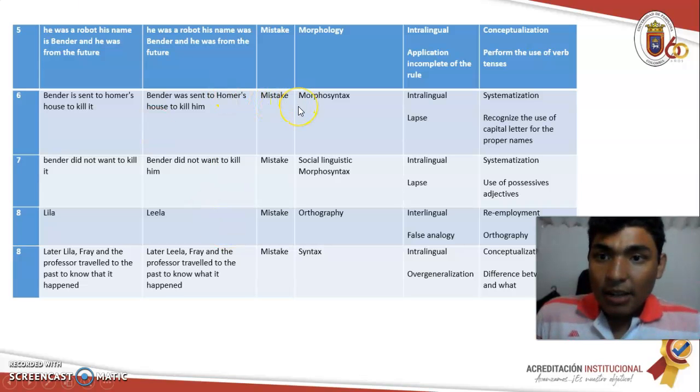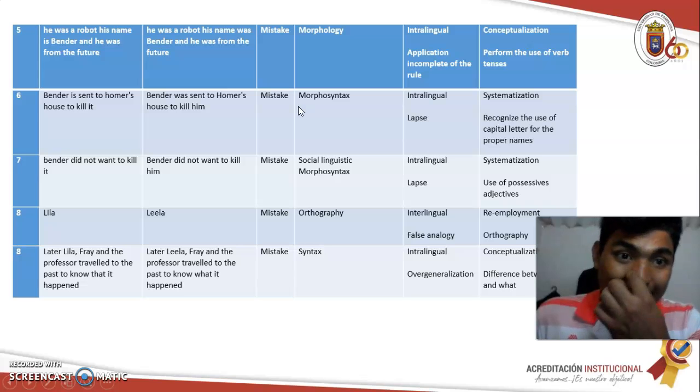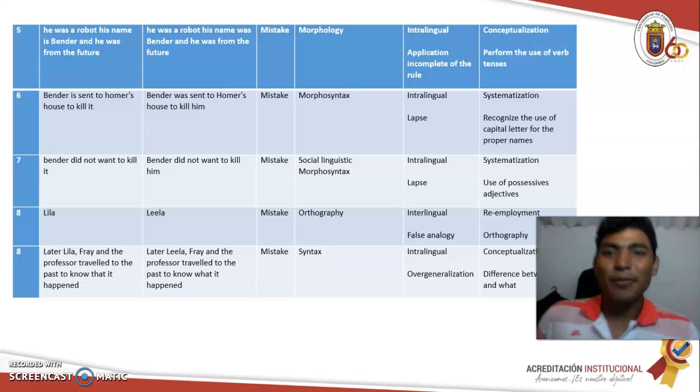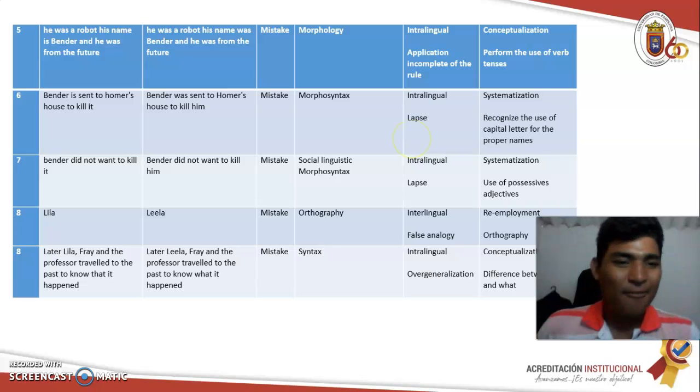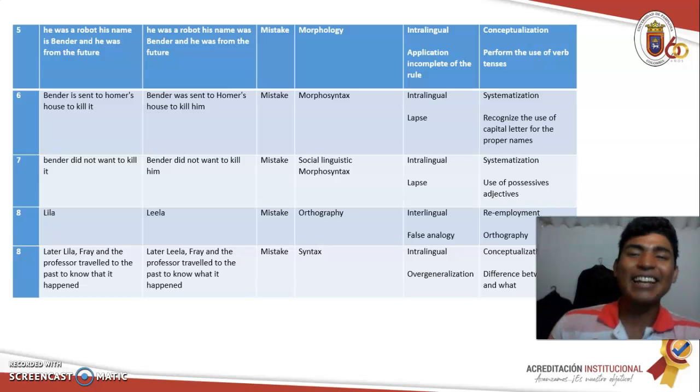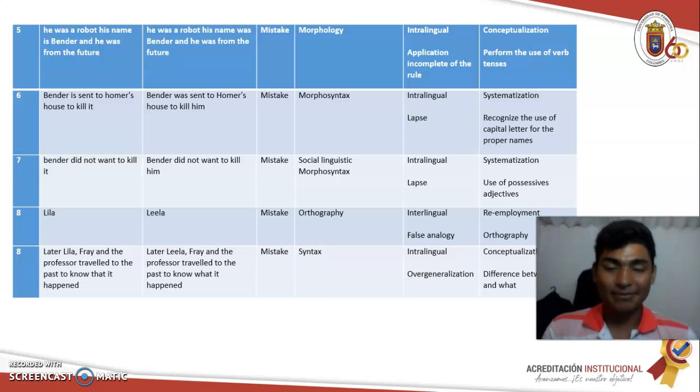Let's move on and talk about the next one. This is my favorite part of the oral presentation. The proper names. Unbelievable. Proper names such as Homer's and Vendor started without a capital letter. So I categorize this error as a morphosyntax.